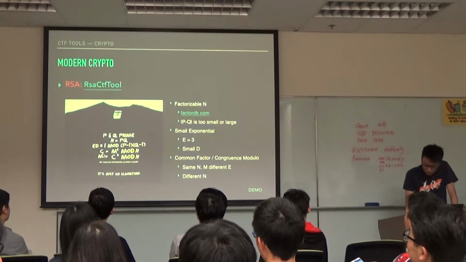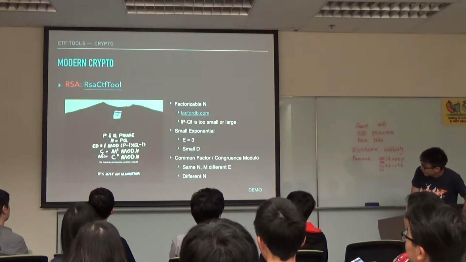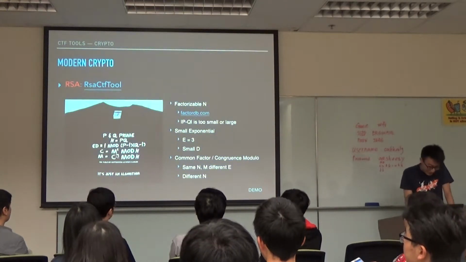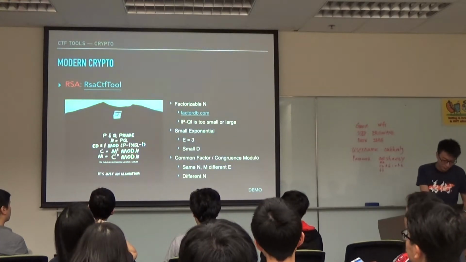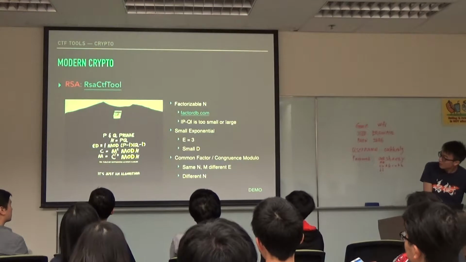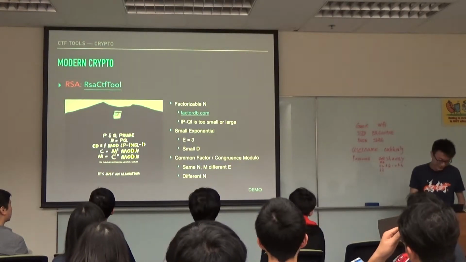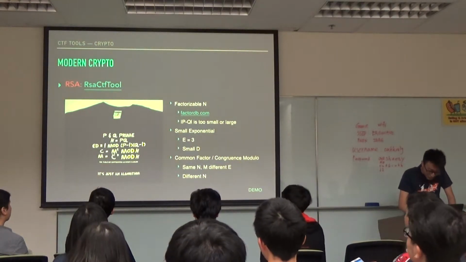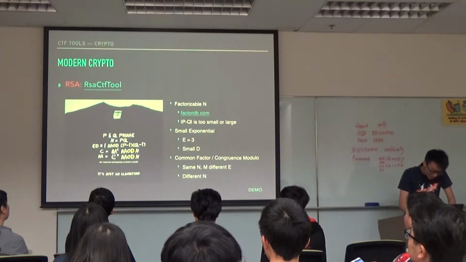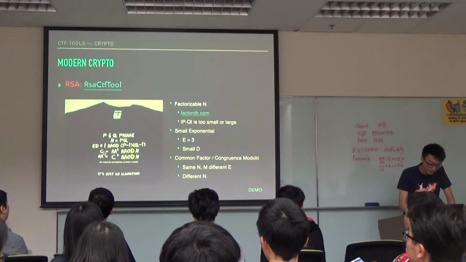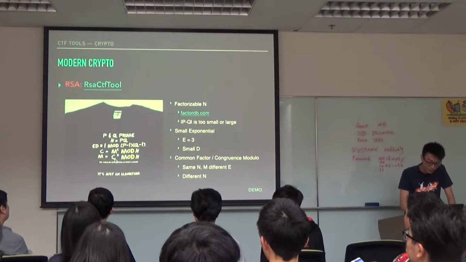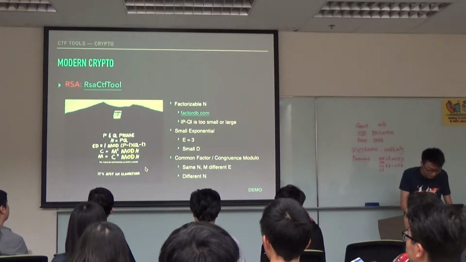Then this C is the ciphertext. We take the message we want to encrypt and do this calculation to find the ciphertext, and also we can decrypt from the ciphertext back to the message itself.